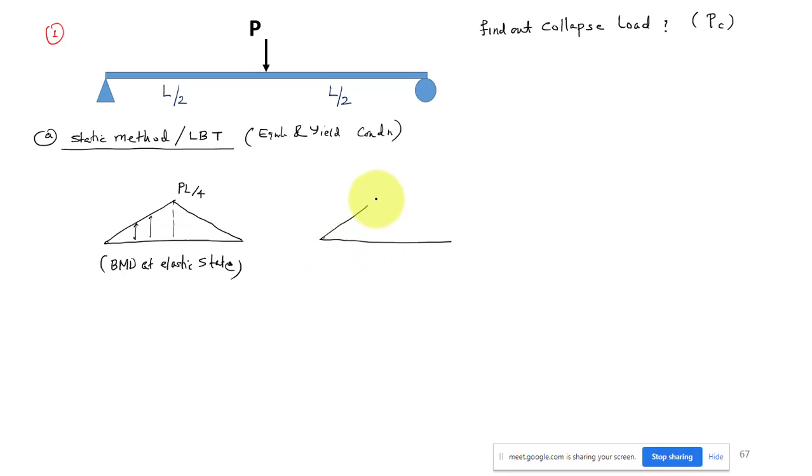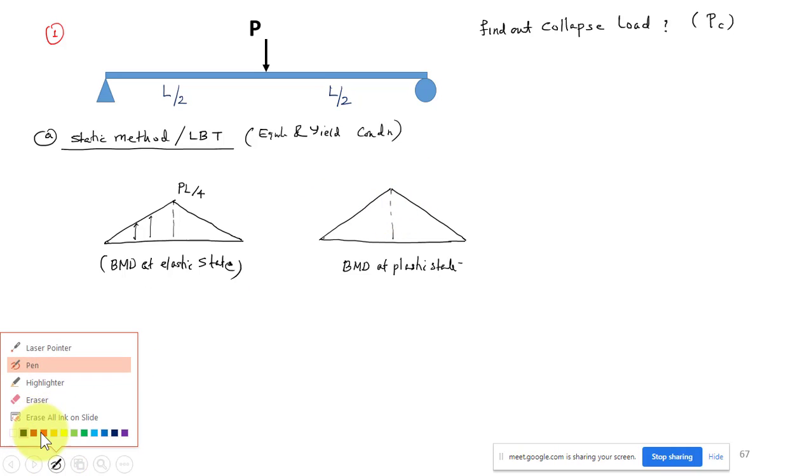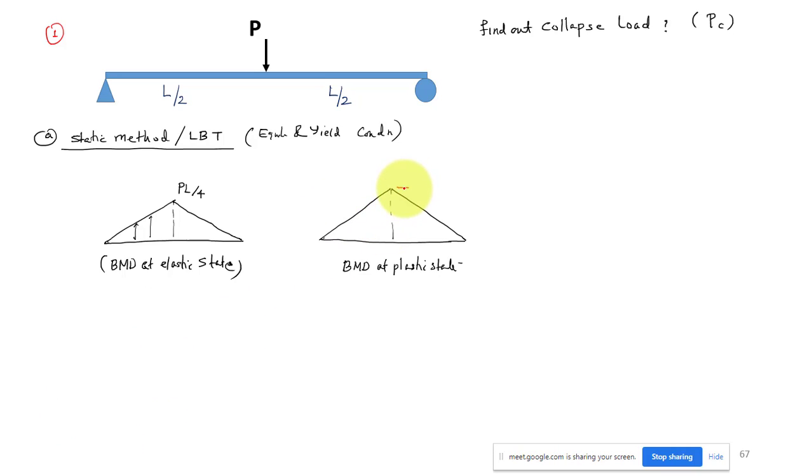While drawing the bending moment diagram at the plastic state, you draw the same thing, there is no change. This moment value will be your plastic moment.